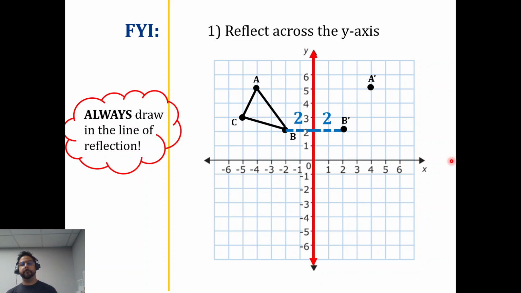And make sure you label it with B prime. So the last one, we have to do C, so we're going to label it as C prime. So let's check our counting here. From C, it's 1, 2, 3, 4, 5. So it means on the other side, the true reflection would be the same. 1, 2, 3, 4, 5.